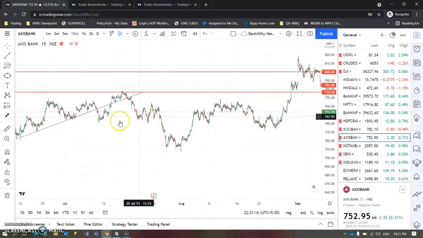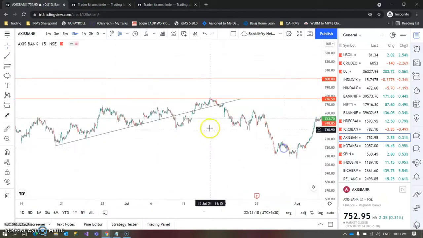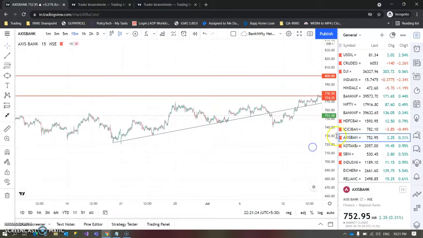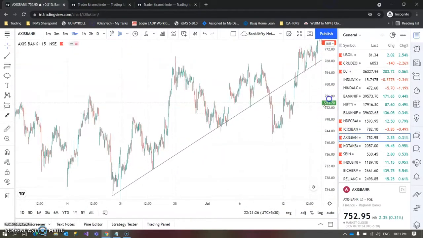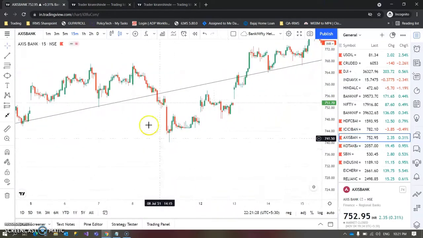Just an example of this: when a support is broken, it would act as a resistance. Let me zoom in so that you would be able to clearly see. When the support line was broken, it acted as a resistance. Market tried to bounce back, but it could not. It faced the resistance and it kept on falling.